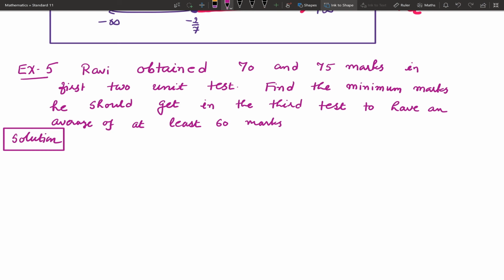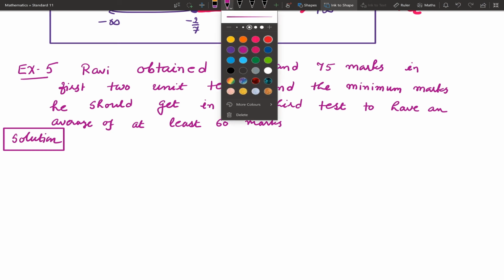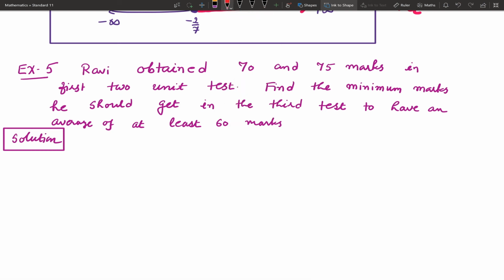You note the interpretation of this: at least 60 means either 60 or greater than 60.